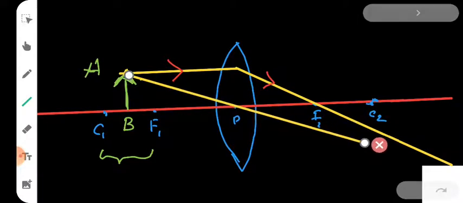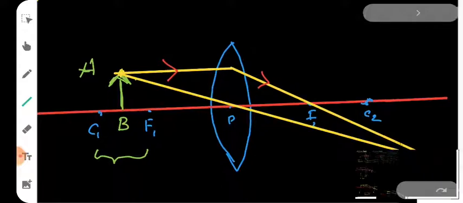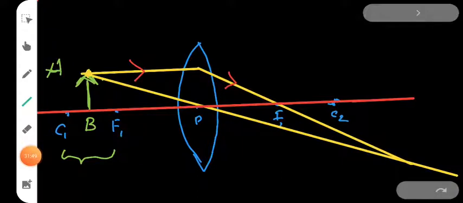It goes through the pole. Oops, it's extending beyond the screen limits. So possibly I should move the screen a little bit to the side. Okay. So as you can see, the rays move like this.